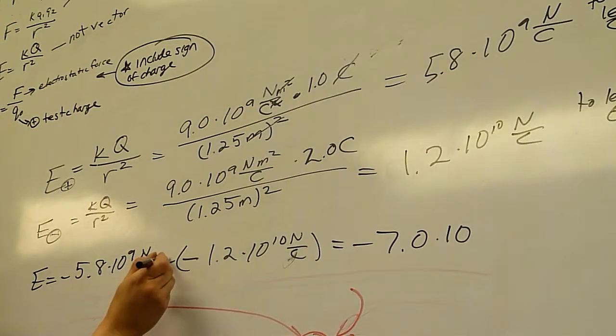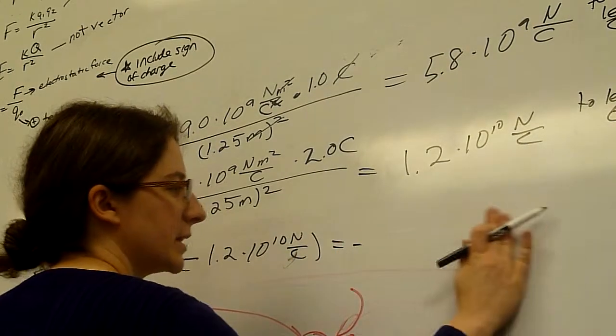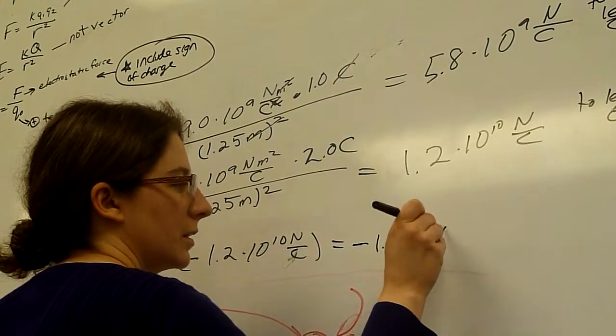It's not times. Oh, yeah, hang on. I messed that up. 1.8 times 10 to the 10th Newton per coulomb. Negative 1.8 times 10 to the 10th.